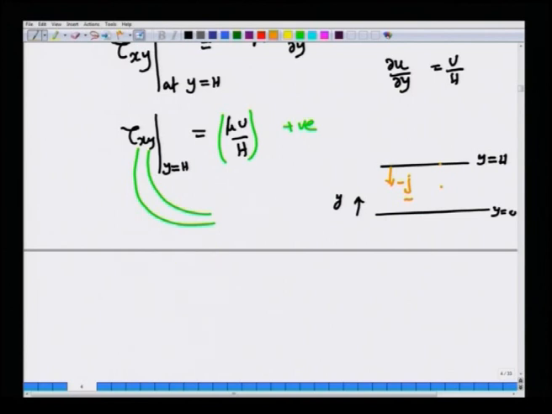Since u is a velocity in the plus x direction and is positive, mu is positive, h is positive, tau x y is positive.